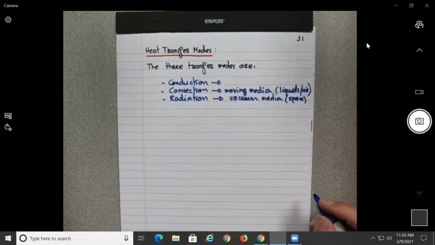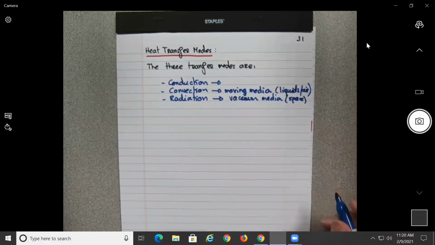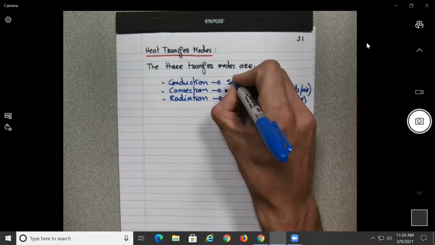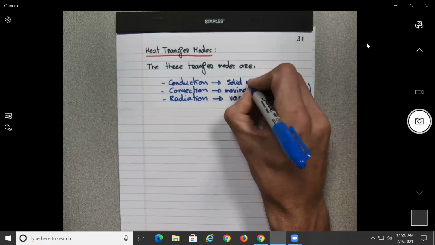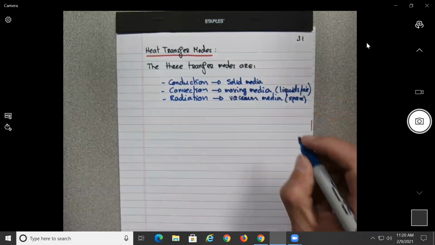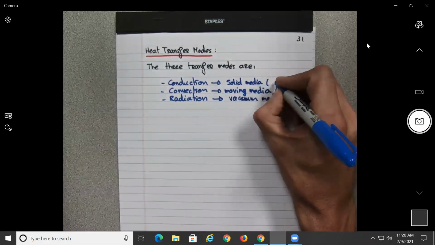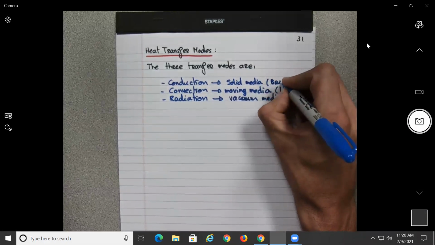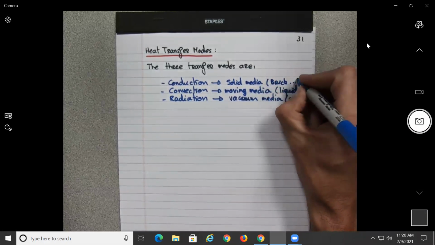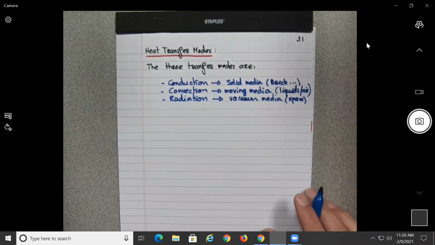Now, what about conduction? What is the only medium we haven't defined yet? The solid medium, no? So any type of material, let's say whatever, brick, any other thing, okay? Steel, aluminum, and so on and so on.